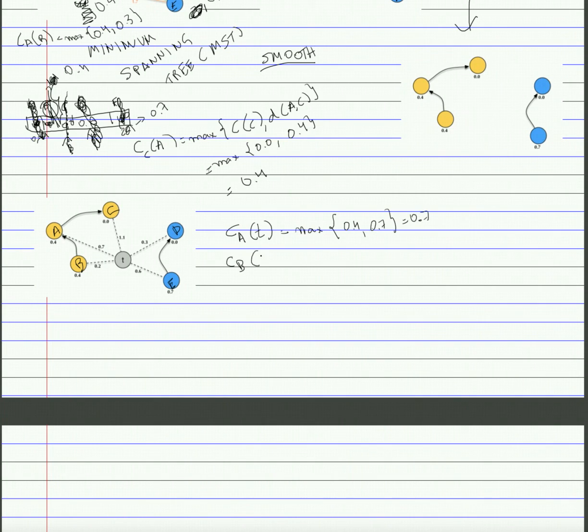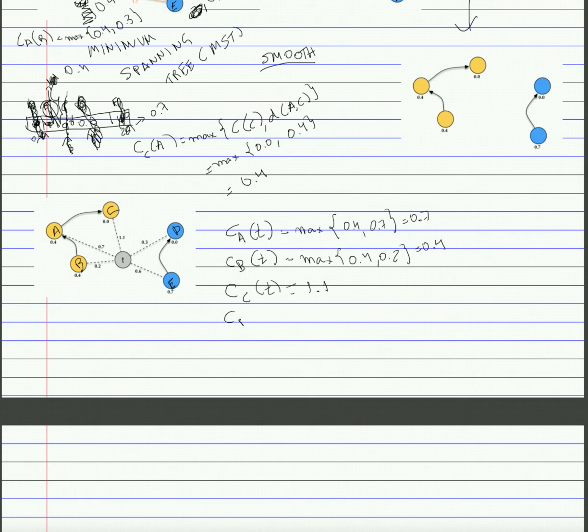The cost that sample B is going to offer to T is the very same procedure. It's basically the maximum value between 0.4 and 0.2. That's going to be 0.4. The cost that sample C is going to offer to T is the maximum value between 0 and 1.1. That's going to be 1.1 because C is a prototype.